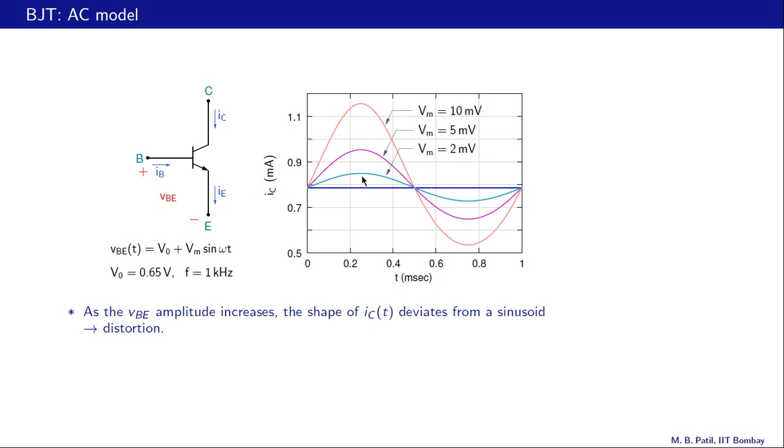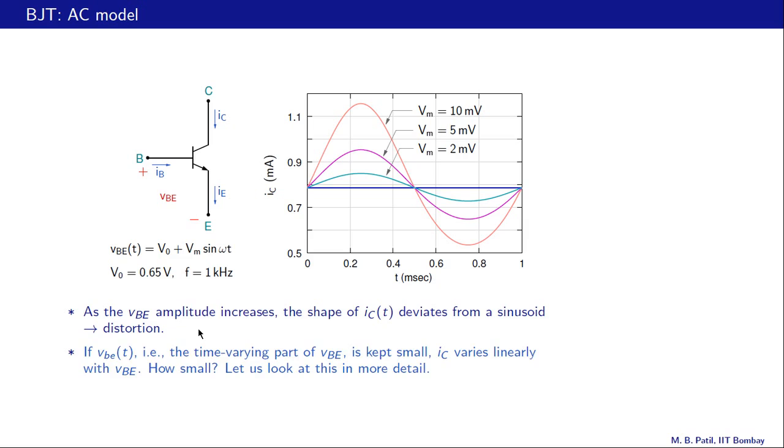So it would be some IC cap sine omega t, and that's exactly the same form as the time varying part of the base emitter voltage. So in other words, the time varying parts, or the sinusoidal parts of the collector current and the base emitter voltage, are proportional to each other, and that is the second point we want to make.